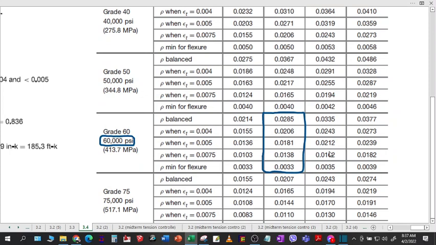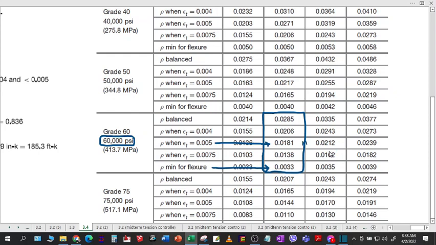And for the minimum, the ρ minimum for flexure is here, 0.0033, and the maximum happens when the tension strain in the steel is 0.005. So the maximum is here.